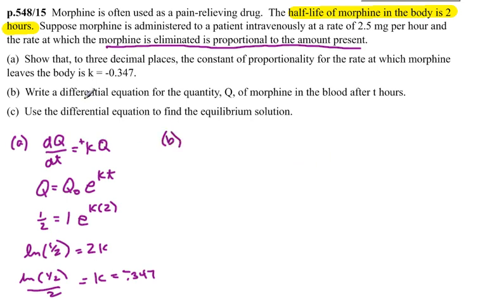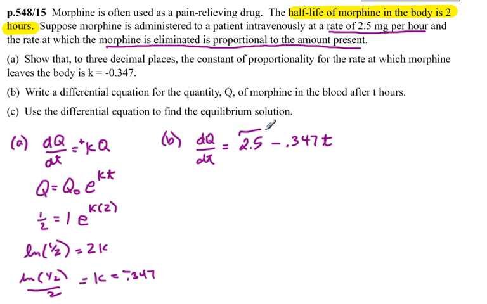Now part B asks for a differential equation for the quantity Q of morphine in the blood after t hours. Now this situation is a little more complex because not only do we have the half-life, we're also adding it at a rate of 2.5 milligrams per hour. That means dQ/dt equals 2.5 minus 0.347Q.